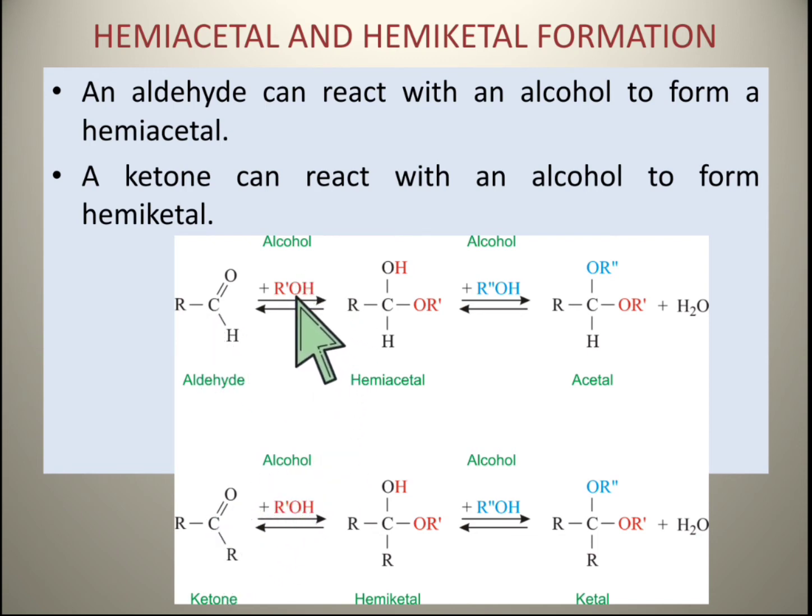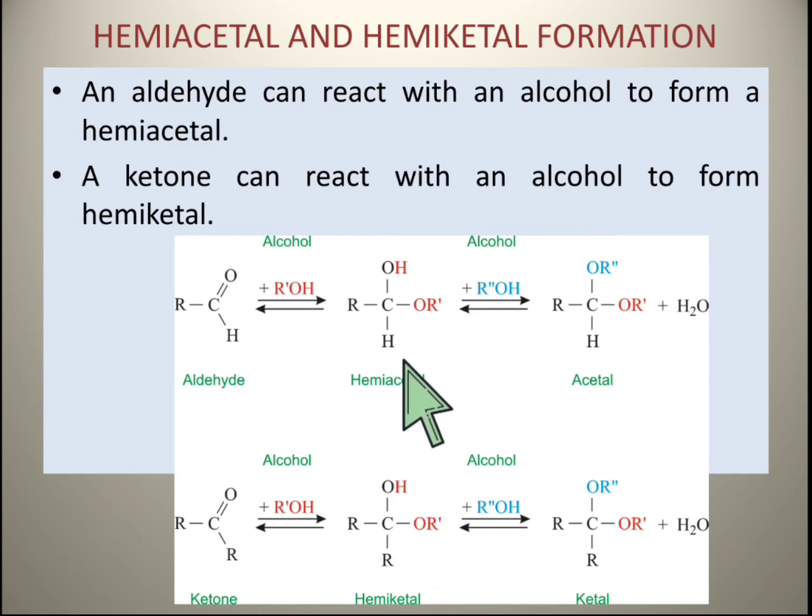When this nucleophilic hydroxyl group attacks this carbon atom, or in the case of a ketone attacks the carbonyl carbon of the ketone functional group, it leads to the formation of hemiacetals and hemiketals.